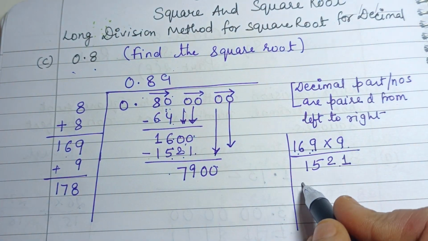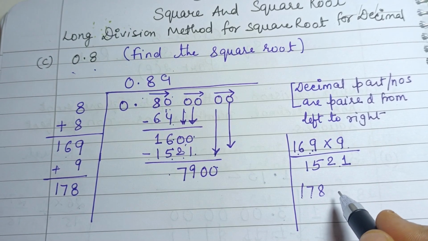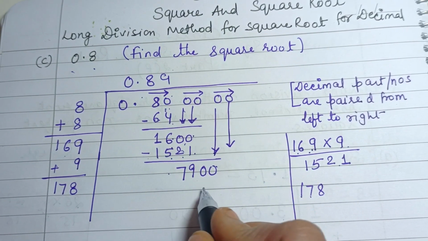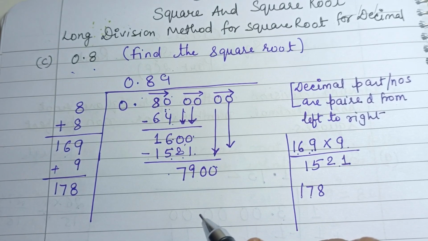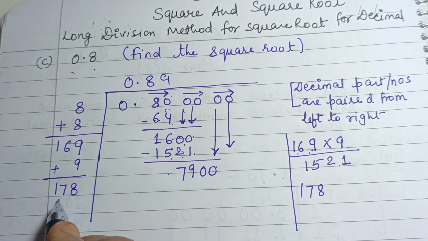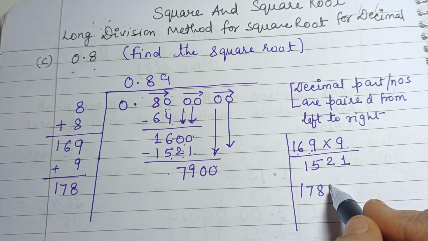Now in front of 178 I need to put one more digit so that it could be nearby 7900. The higher digit here is 17, so 17 4s is 68. So try with 4.